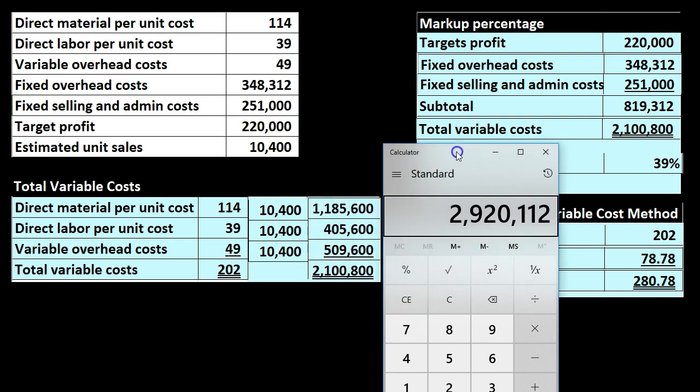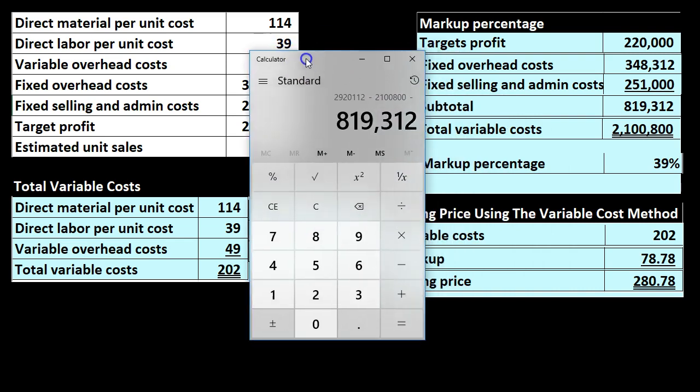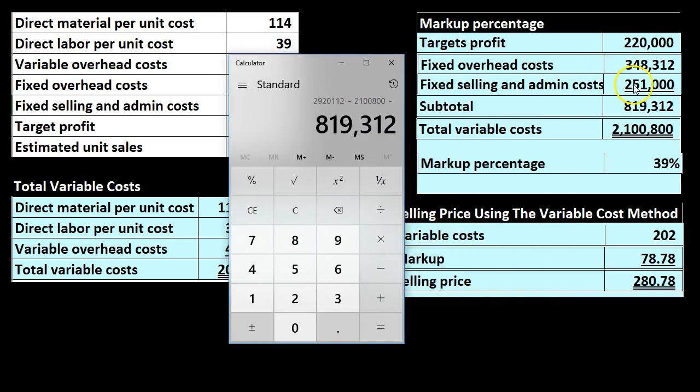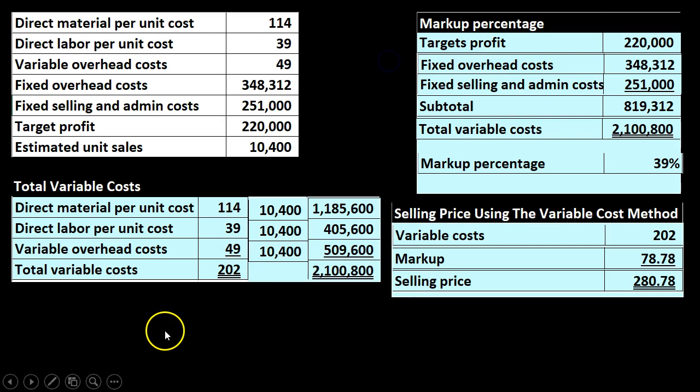If we take a look at our costs, we have the variable costs over here, so minus the 2,100,800, minus the fixed costs, not the target, but these two items, minus the 348,312 minus the 251,000, the fixed costs. That gives us our target, which was the 220,000. So you can check your work with this type of calculation as well.